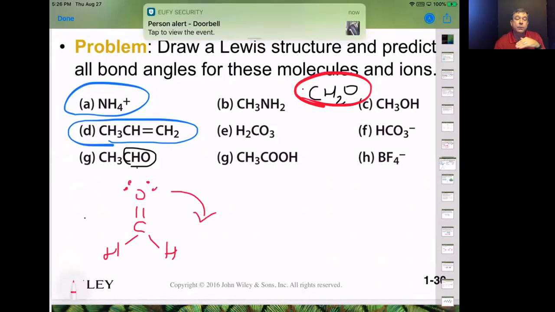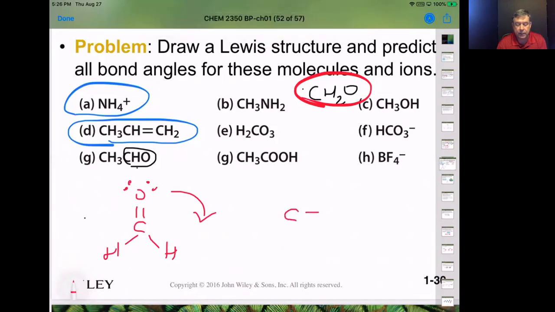So to do that, we're going to put the carbon and the oxygen in that one plane. Now, if we do that, that means one of these hydrogens has to be behind the carbon and oxygen, and one of these hydrogens has to be in front of the carbon and oxygen. So we would show one of the hydrogens going back and one of the hydrogens going forward.